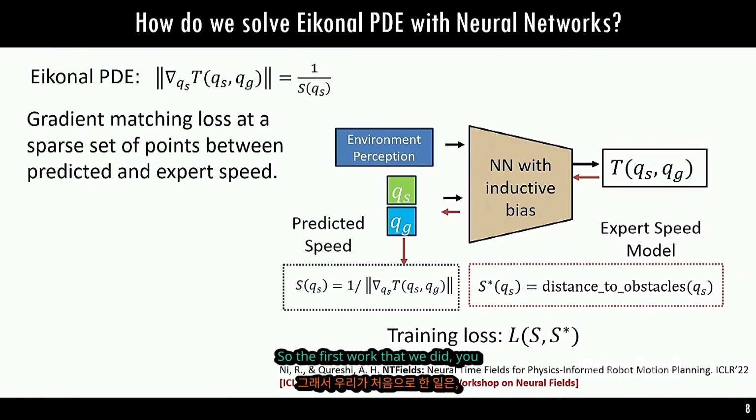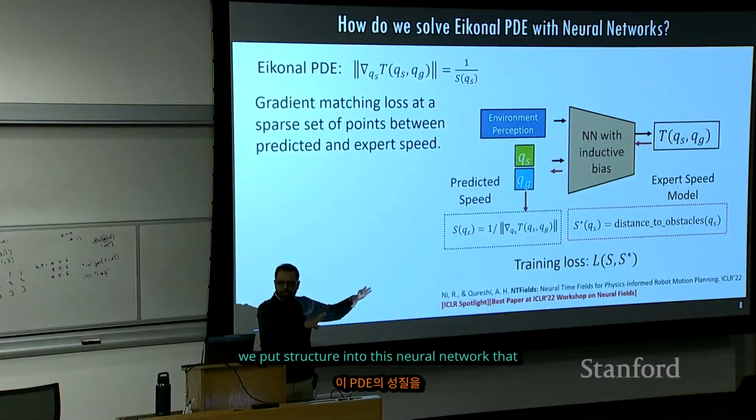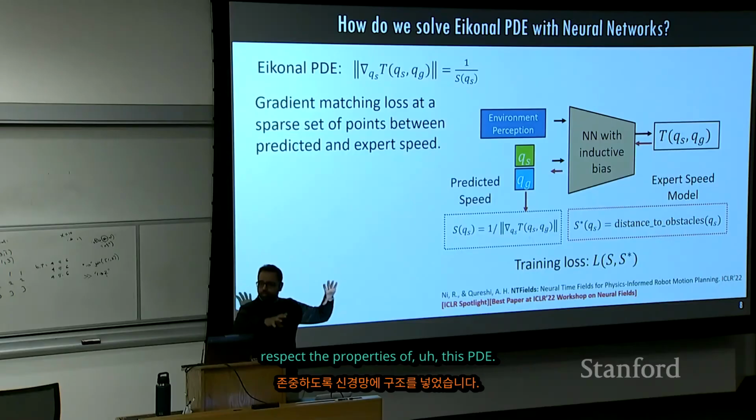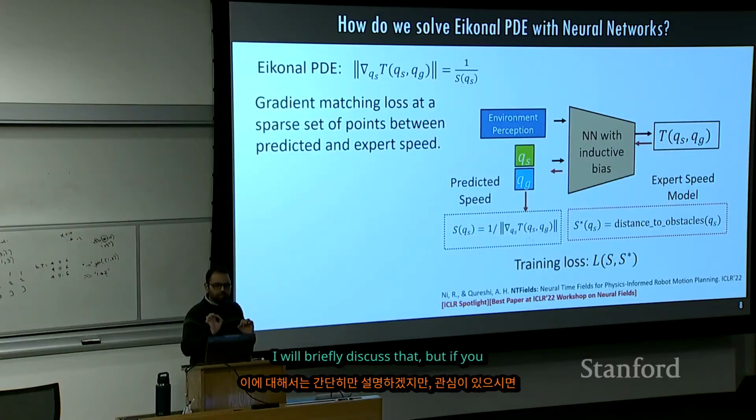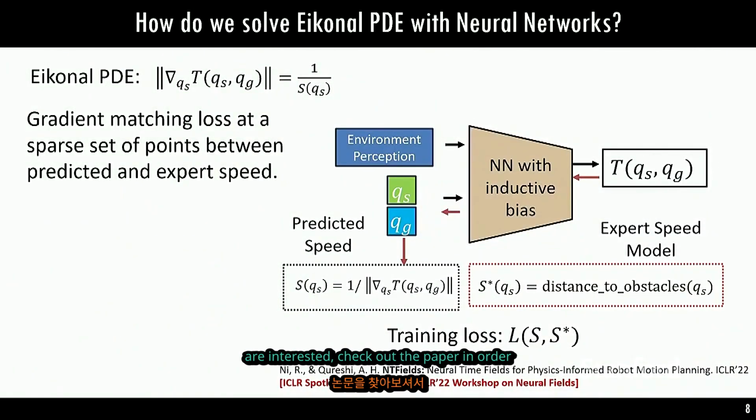So the first work that we did, you have this neural network that tries to solve this eikonal PDE. This neural network is a black box, but we put structure into this neural network that respects the properties of this PDE. I will briefly discuss that, but if you are interested, check out the paper to understand the structure of this neural network.